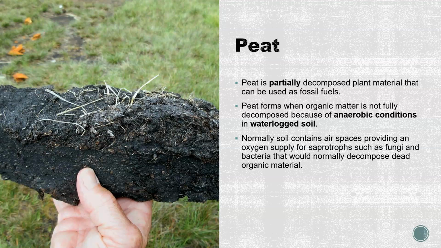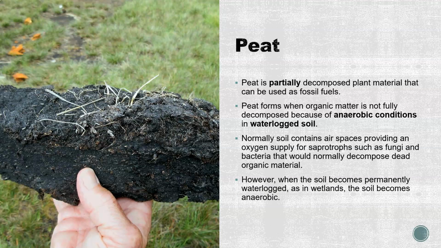Those saprotrophs, such as fungi and bacteria, would normally decompose dead organic material, but because we've got all the water, we've not got the oxygen. It's an anaerobic condition, therefore we've not got those organisms breaking down the plant material. So instead, the soil becomes permanently waterlogged, as in wetlands, and the soil becomes anaerobic.